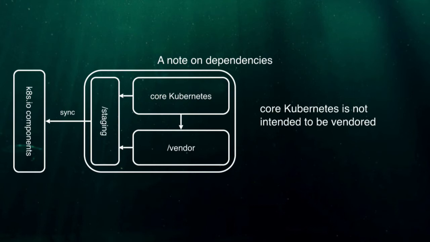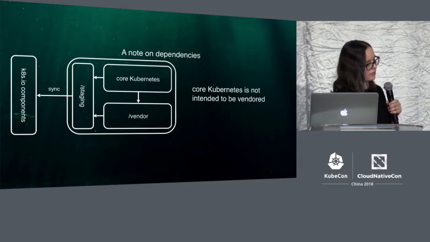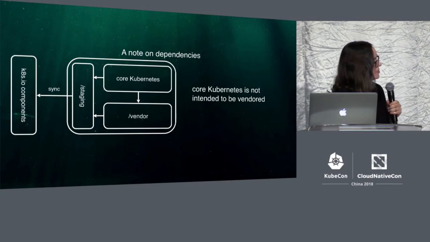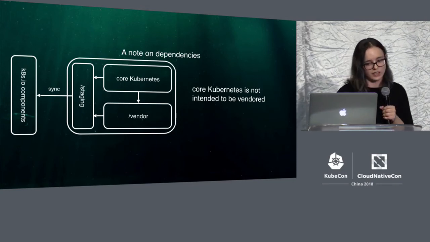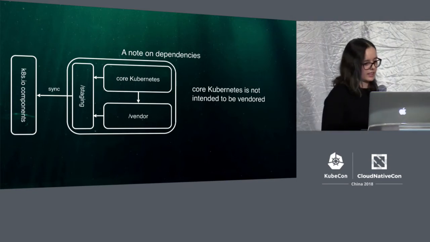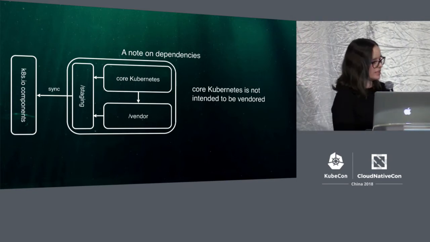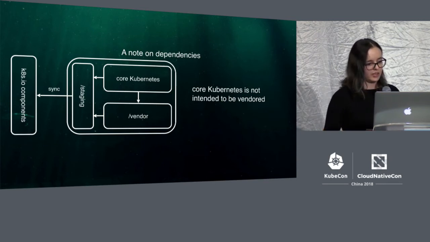It has components which are often vendored, and they are separate from the main repo in order to not have to vendor the whole thing. So they are a separate repo, it's fine. We can just use them, right? Except they are actually developed in core Kubernetes under the staging directory, which means they are synced there, but core Kubernetes itself symlinks in its vendor to staging so that compatibility is maintained.